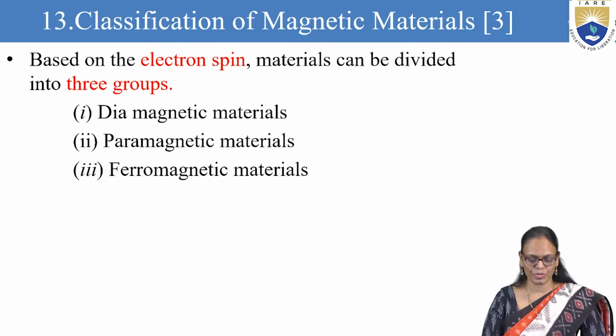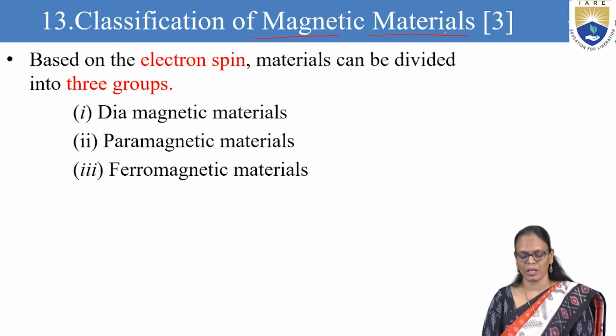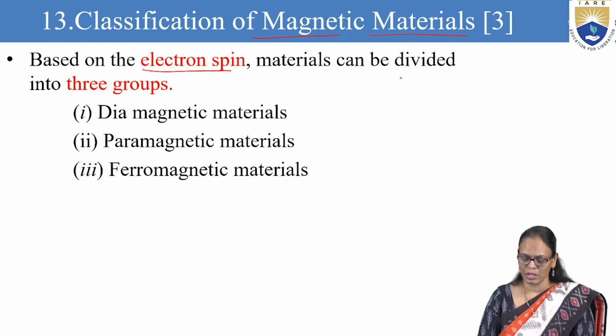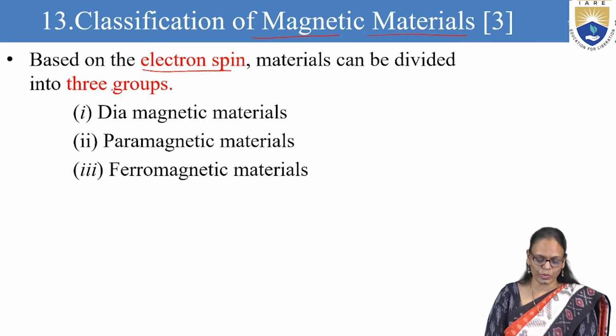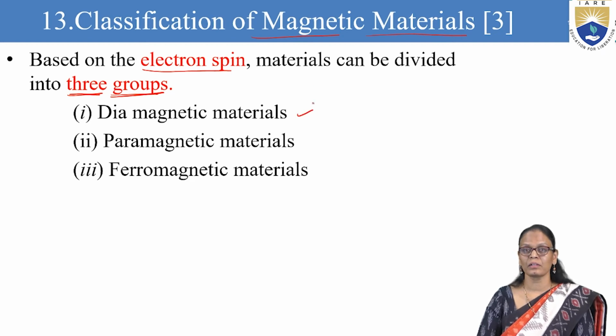Now, coming to the next one, classification of magnetic materials. What is the broad classification of magnetic materials? Based on electron spin, materials can be divided into three groups: dia, para, and ferromagnetic materials.